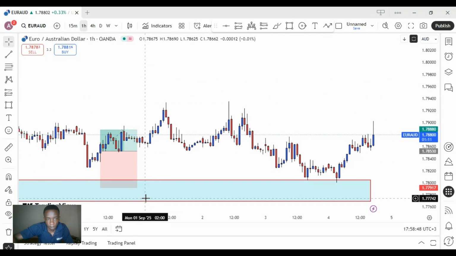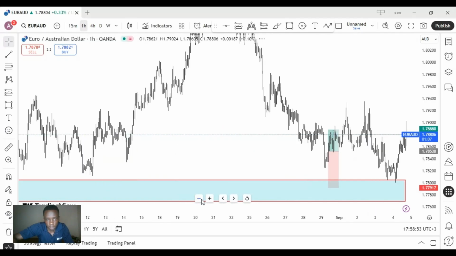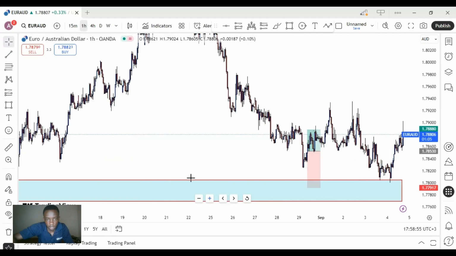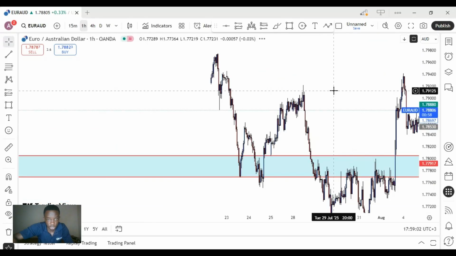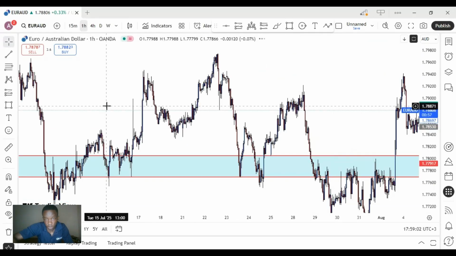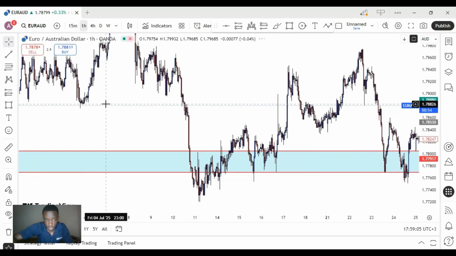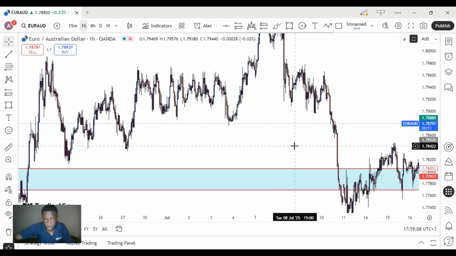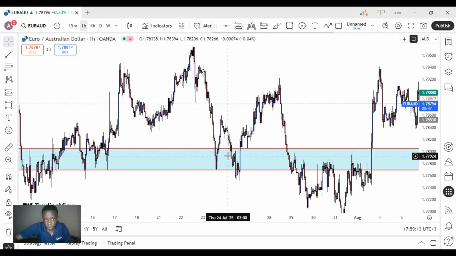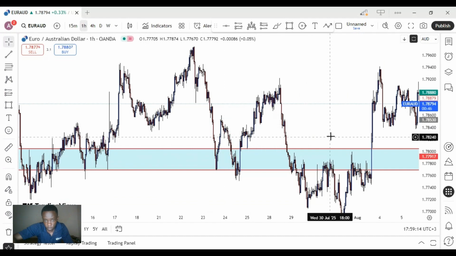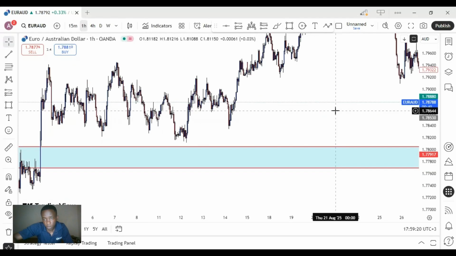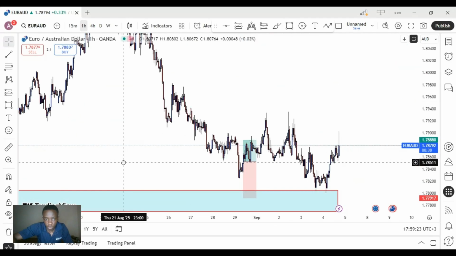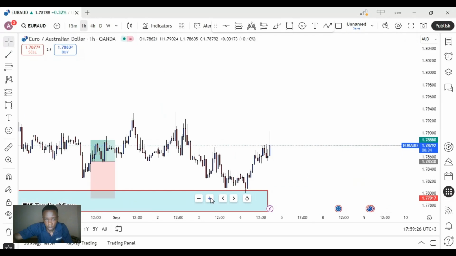On the 1-hour time frame, we see that in the past, whenever price reached that zone, it pushed out massively to the upside, showing us that we have a key support zone on our hands. This is giving us more and more confirmation of our bias.